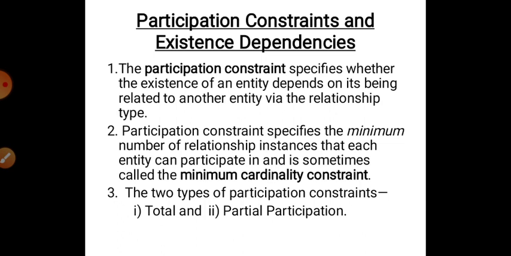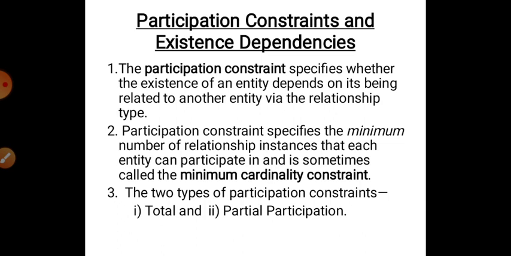Participation constraints and existence dependency. First, we'll consider participation constraints. The participation constraint specifies whether the existence of an entity depends on its being related to another entity via the relationship type. Point number 2.